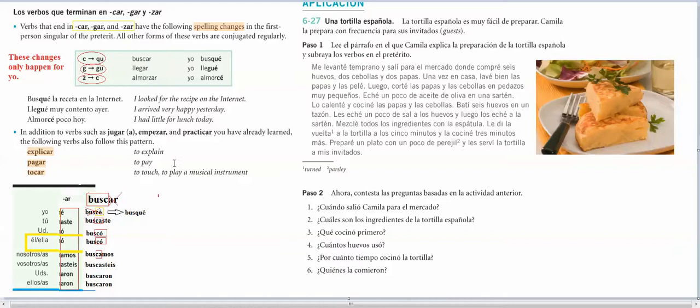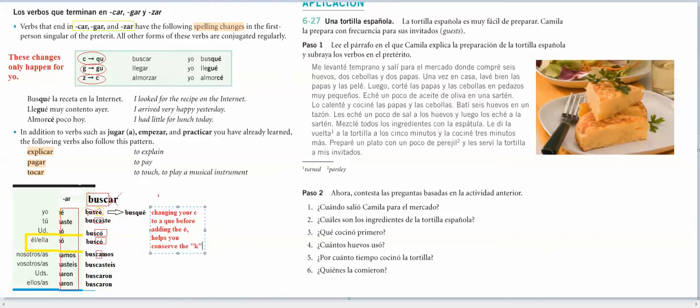Okay, so changing your C to a QU before adding the E helps you conserve the K sound.